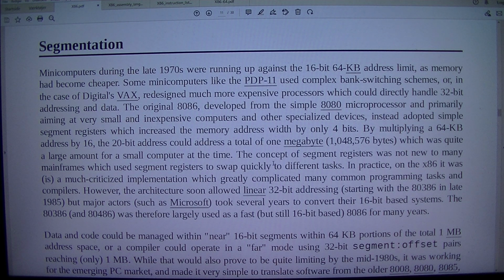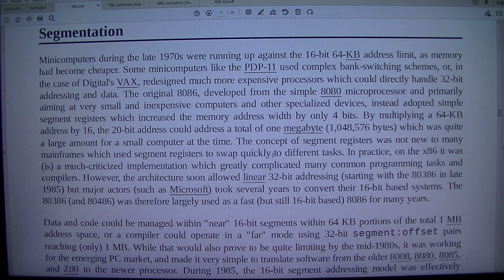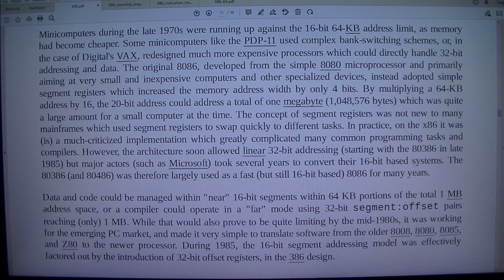The concept of segment registers was not new to many mainframes, which used segment registers to swap quickly to different tasks. In practice, on the x86 it is a much criticized implementation which greatly complicated many common programming tasks and compilers.